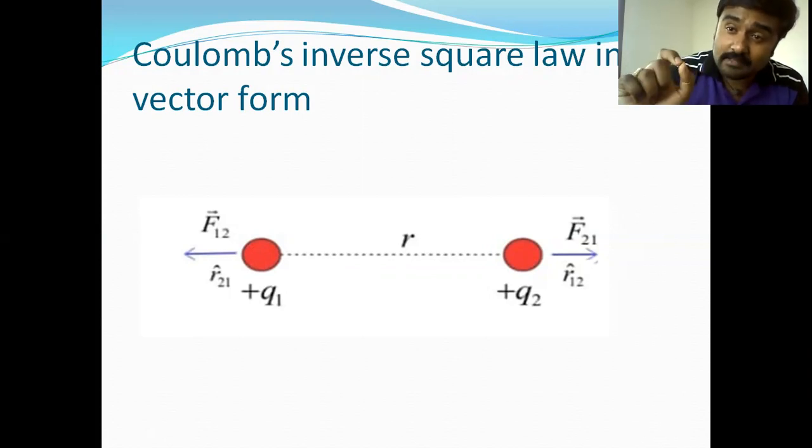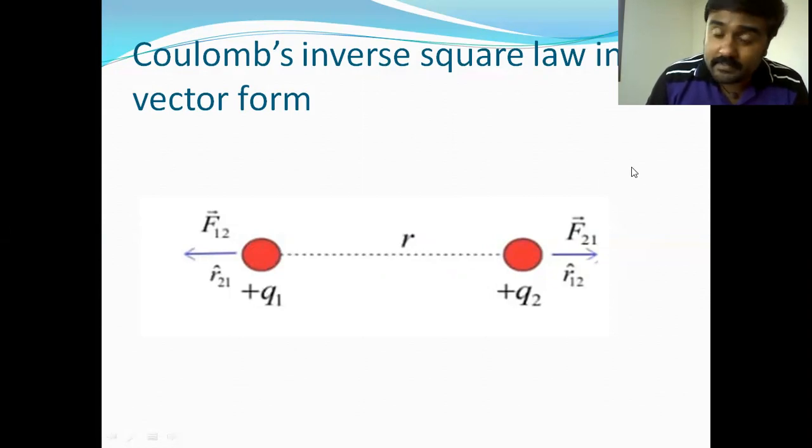So these are like point charges, placed at a certain distance, that is R, the separation between the two like point charges.